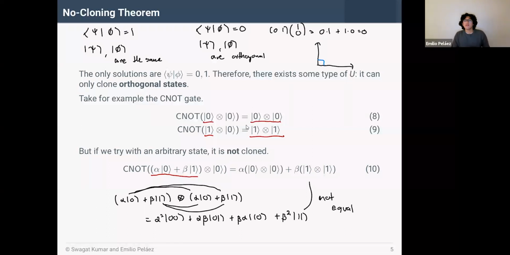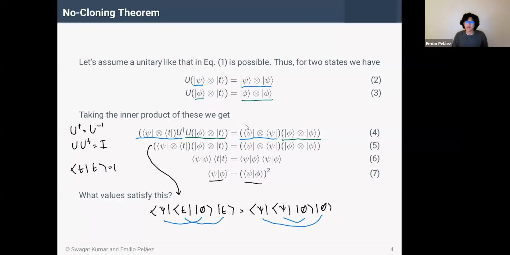Okay. Yeah. So from this slide, we assumed that equation 1 is possible, that there is a unitary that is able to clone some arbitrary state. And we got equations 2 and 3 that just resemble cloning two different states, psi in equation 2 and phi in equation 3. Then to get a relation between psi and phi, we took the inner product of equations 2 and 3. So in equation 7, we got that the inner product of psi with phi needs to be the same as its square.